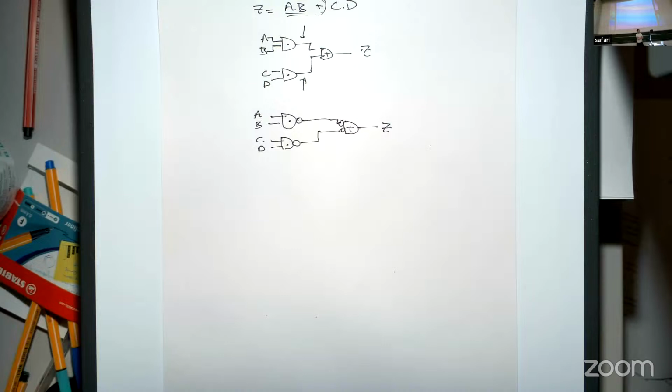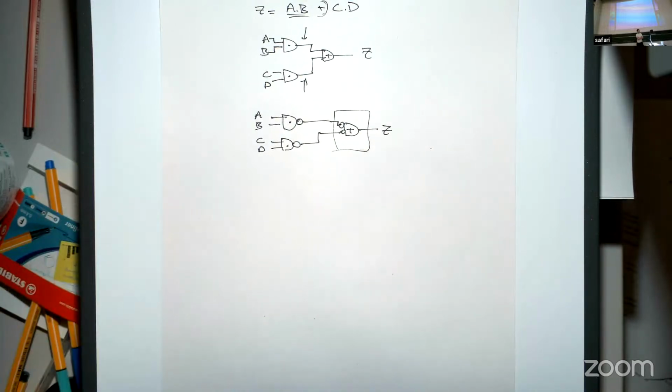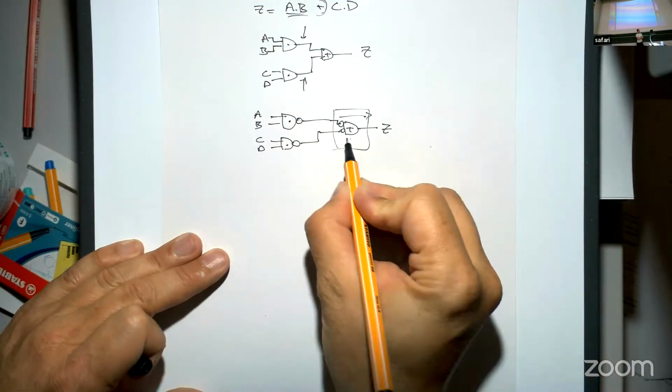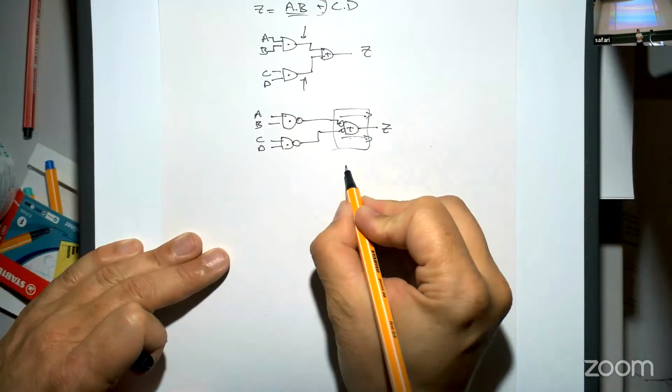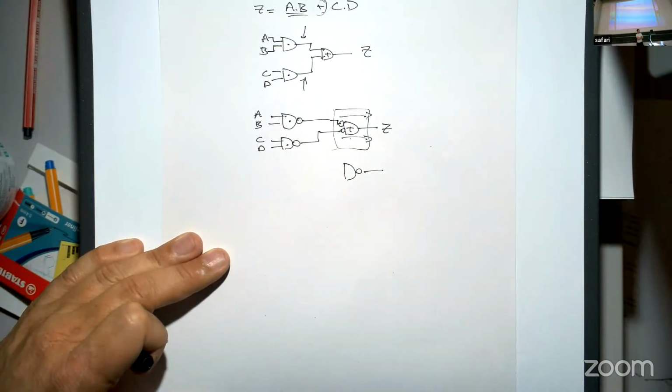Okay. So now the trick is, can I convert this into something that looks more like an AND OR gate? Anybody? Okay, so we are pushing the bubbles. These bubbles are being pushed here. What happens when we bubble push? The bubble goes to the outside and the operation changes.